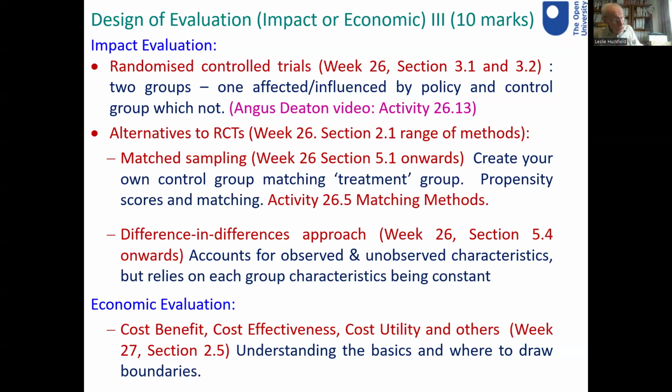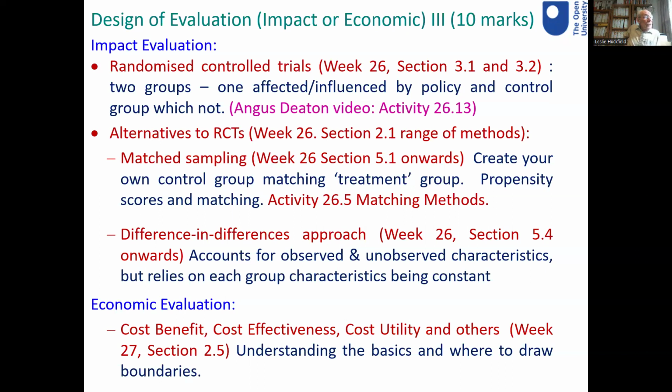In other words, you can go through the potential beneficiaries and select perhaps every 50th one or something like that. But unfortunately, and Angus Deaton's got a very good video in Activity 2613 about that, though you would like to do RCTs, or randomized control trials, for the reasons that he gives, it's not always possible to do that.